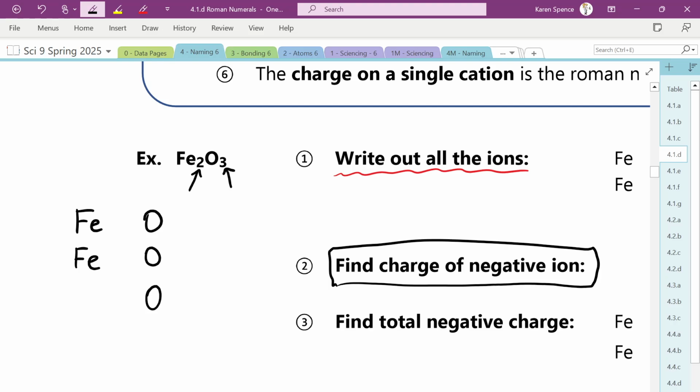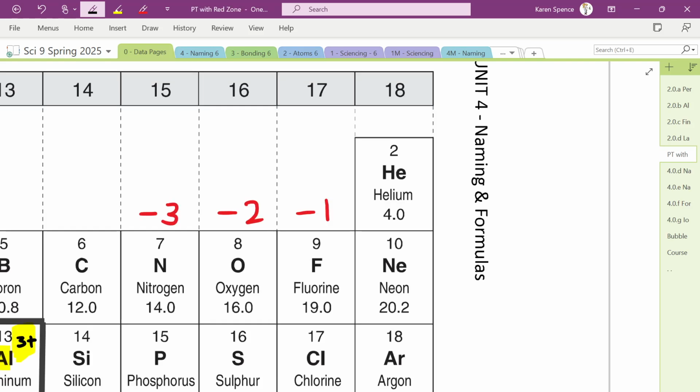Okay. And now we find the charge of the negative ion. Now, the nonmetals, we always know their charges. We can go back to our periodic table and say O has a charge of what? -2. Okay, so you check on your periodic table.